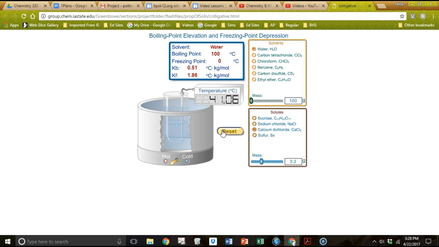So again, if the solvent is water and we're just mixing in different solutes, we're looking at what the effect is on the boiling point of this solvent, water, when there is solute mixed in. So, let's see here, 100.44. Let's do that and reset.